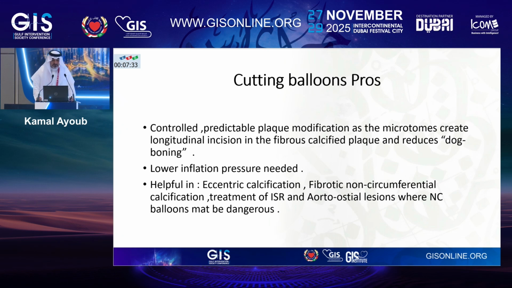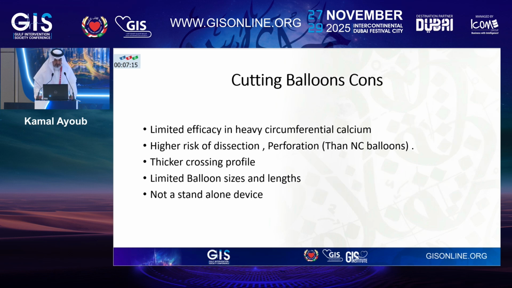It has a lower inflation pressure. It's helpful in eccentric calcification, fibrotic non-circumferential calcification, and treatment of ISR, as well as treating aorto-ostial lesions when NC balloons might be dangerous.